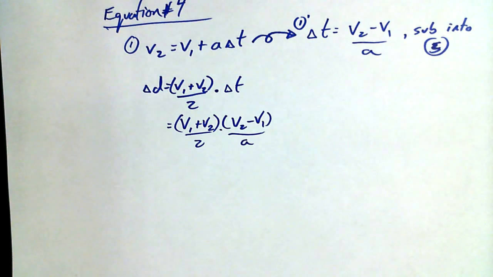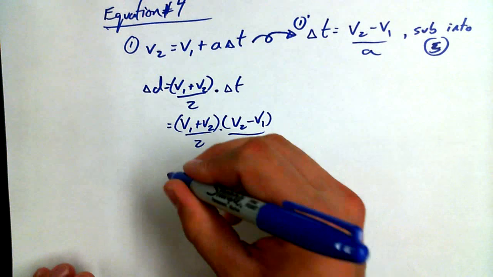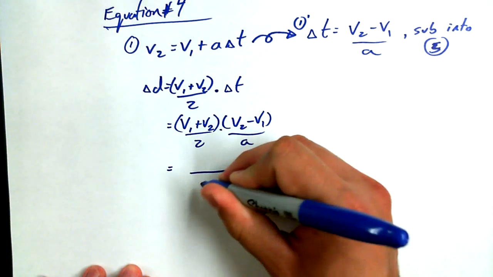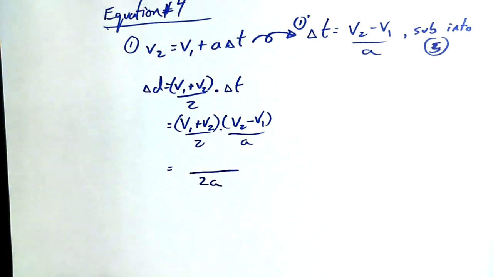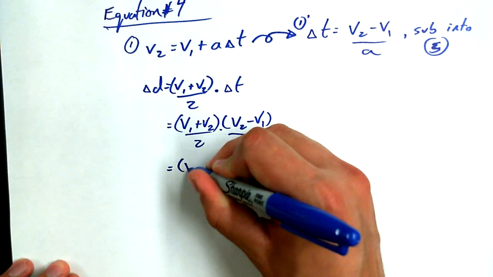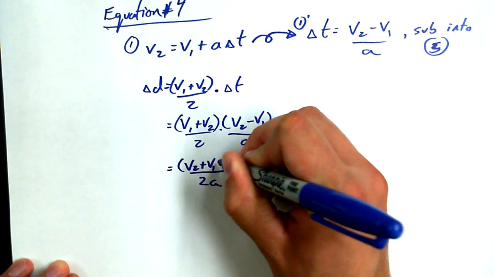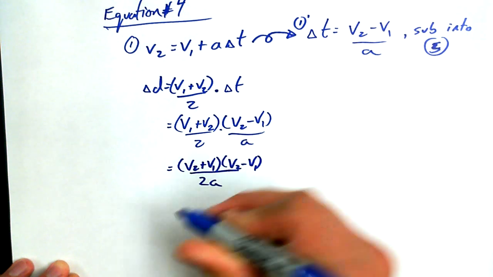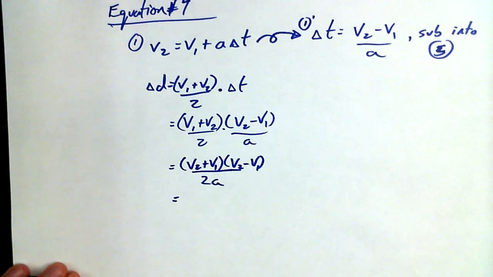Everybody who multiplies fractions together for a living knows that I can multiply the numerator straight across for 2 fractions, and I can multiply the denominator straight across for 2 fractions. Now, the denominator, not a problem. You just get 2A. The numerator, on the other hand, instead of writing V1 plus V2, I could have written it as V2 plus V1 times V2 minus V1. And maybe that makes the pattern pop out a little bit better for you.